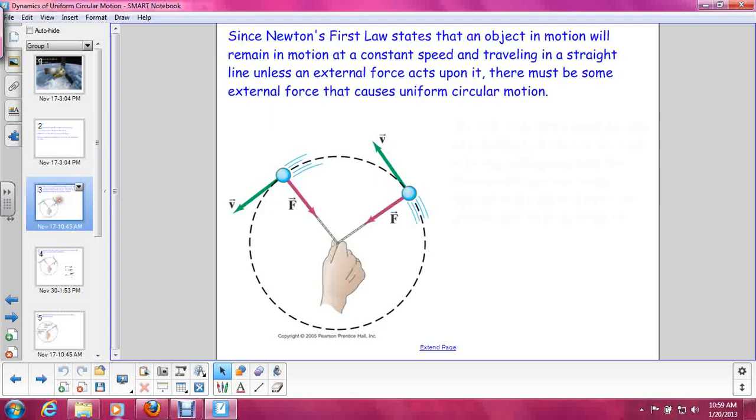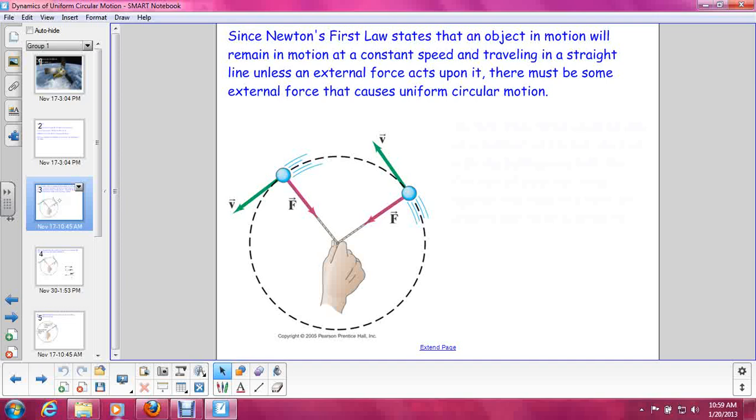So, we know all three of Newton's laws, and they hold in linear situations or in uniform circular motion situations. They always hold. And we know that Newton's first law states that an object in motion will remain in motion at a constant speed and traveling in a straight line unless a net external force acts upon it.